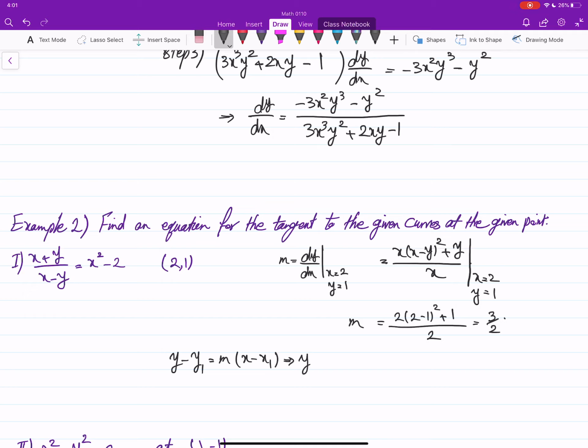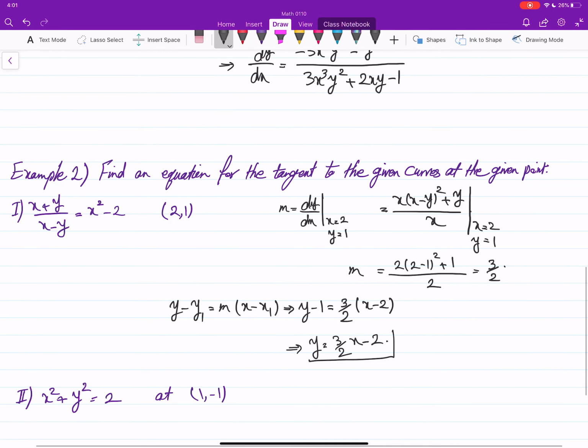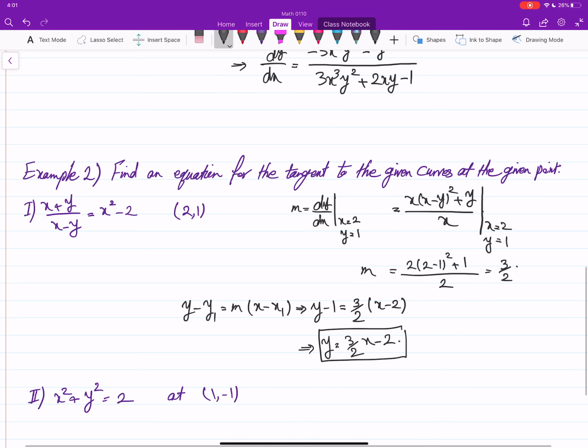Then y minus 1 equals 3 over 2 times (x minus 2). Then write this in slope-intercept form: y equals 3 over 2 x, minus 3 plus 1, which is minus 2. So that's the tangent line to that curve.